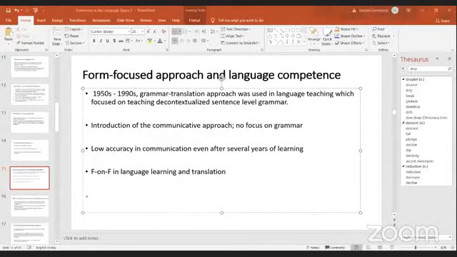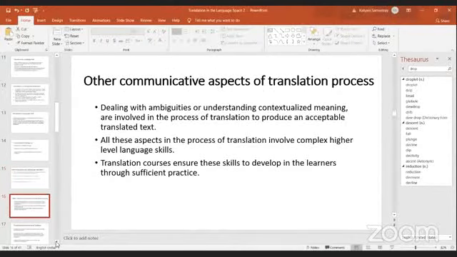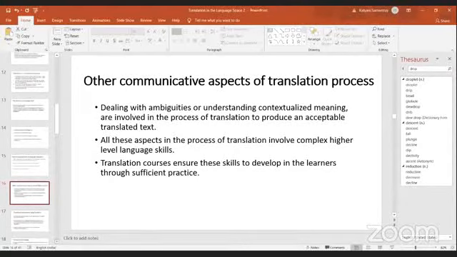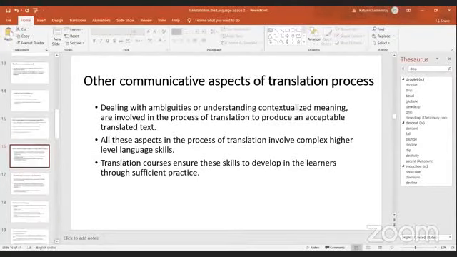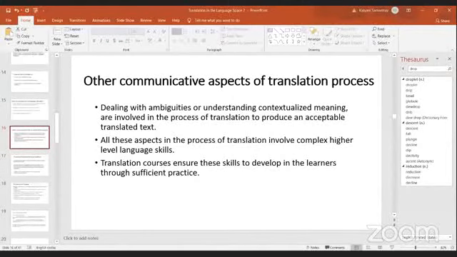Using translation, we can also create communicative teaching, task-based instruction, and content-based instruction. There are also other communicative aspects of the translation process. Many different communicative aspects are there.